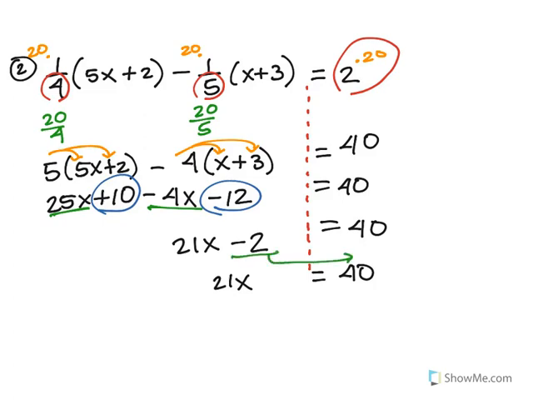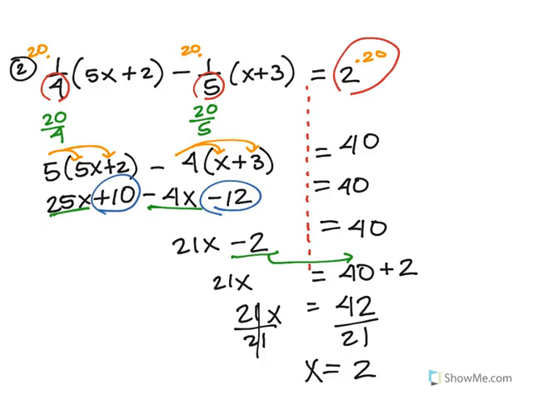And when I switch sides, it becomes a positive 2. And so that's going to give me 21x equals 42. And you're going to divide 42 by 21. And so x just equals positive 2. So I wanted to show clearing out those fractions by multiplying by the least common denominator. Okay.